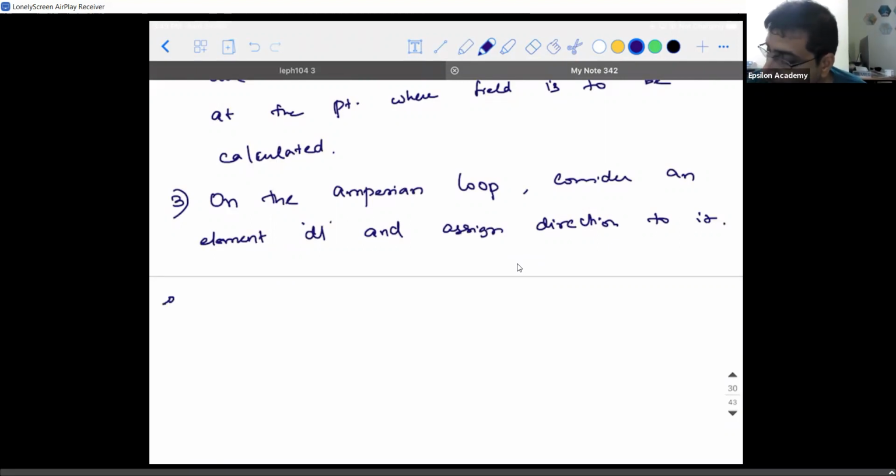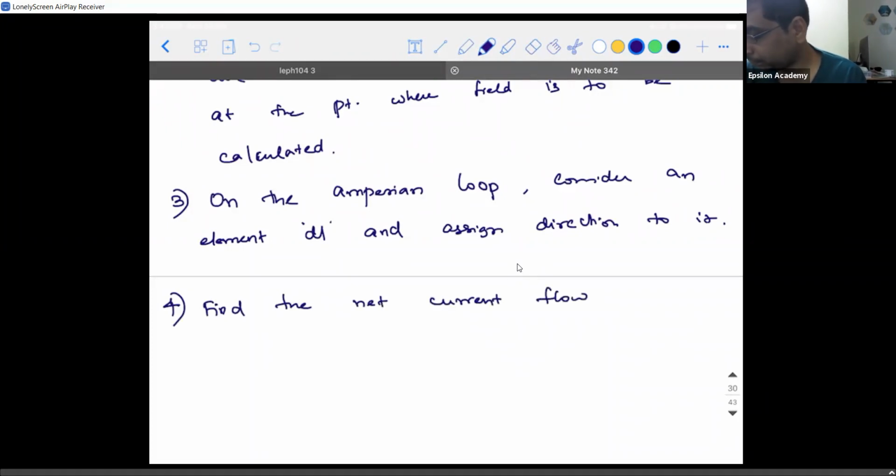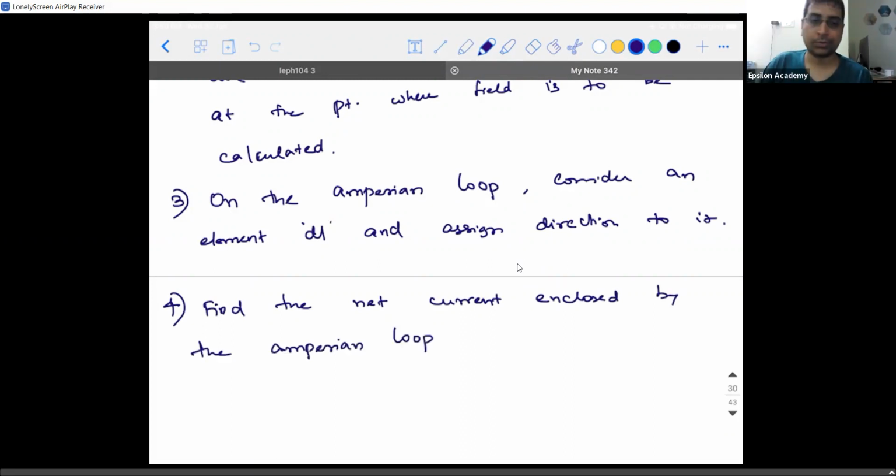Fourth, find the net current enclosed by the Amperian loop.